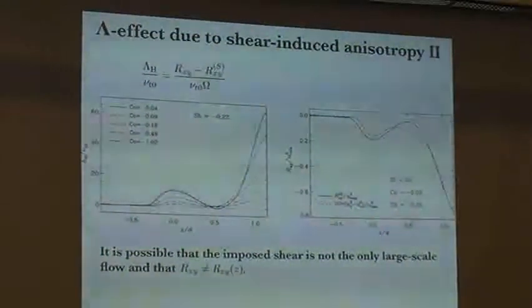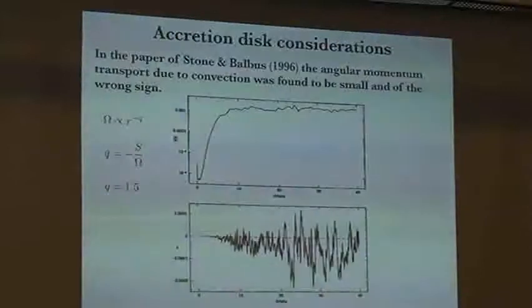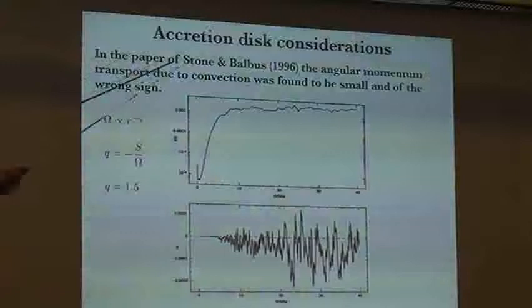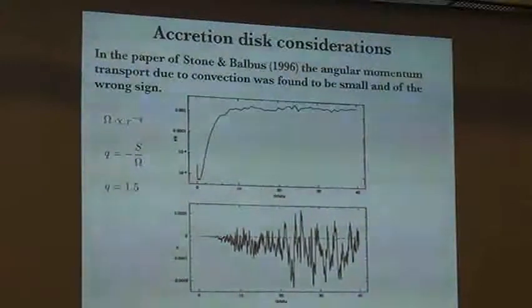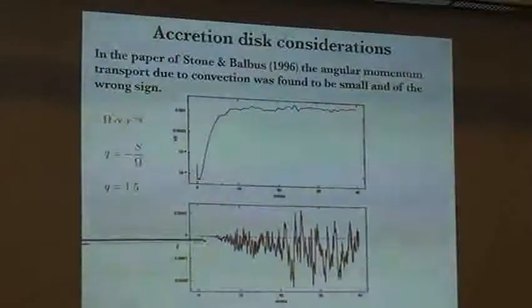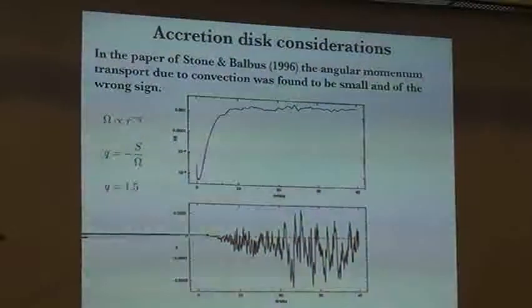Okay, then I will go to the accretion disk consideration. This is now in a paper of Stone and Balbus. They did similar things, not with the same setup, with some different stratification and gravity, but in principle the same thing: they have convection happening in a shearing box calculation, and they compute the Rxy component of the stress.